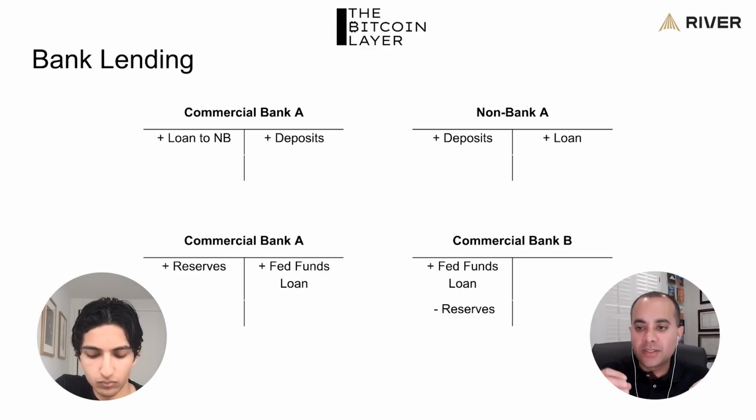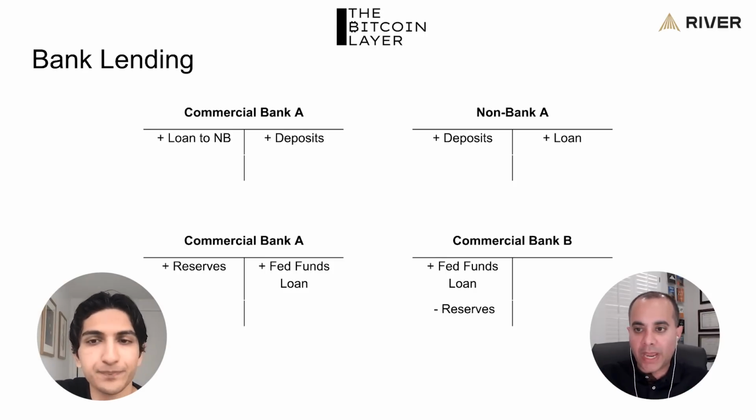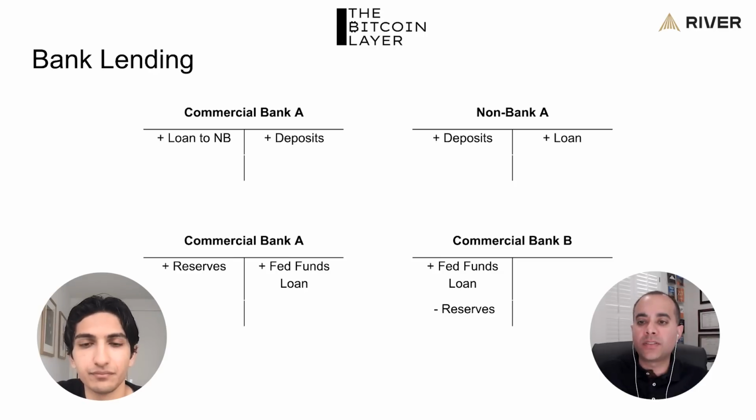It means that the technical quantity of reserves at each commercial bank is not the constraint on the bank creating loans. The bank's constraint on creating loans is, of course, its own risk management, whether it's a good loan to make.